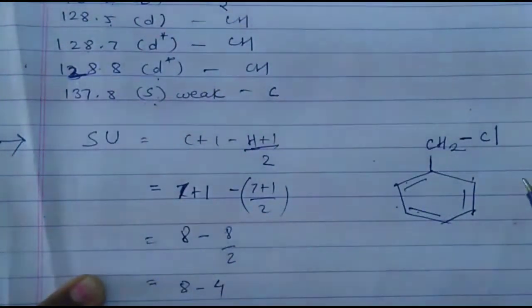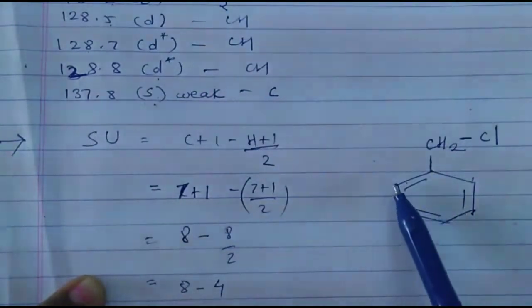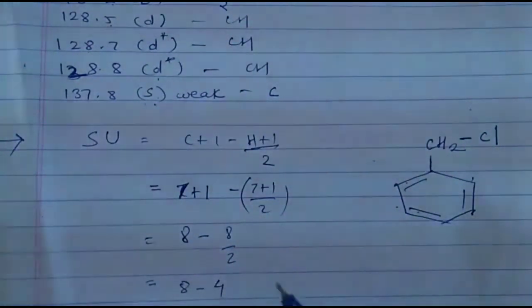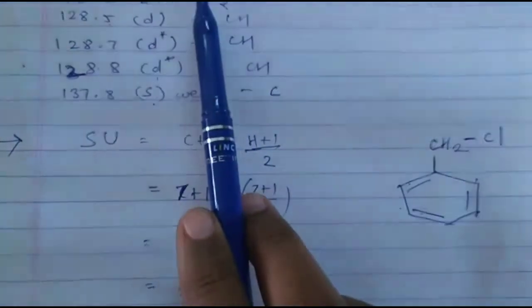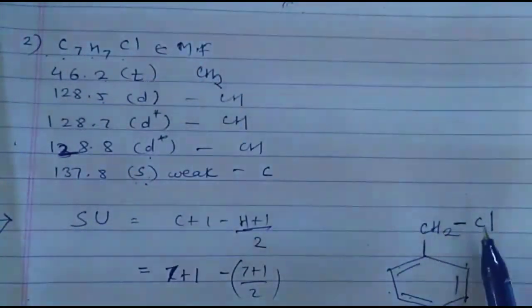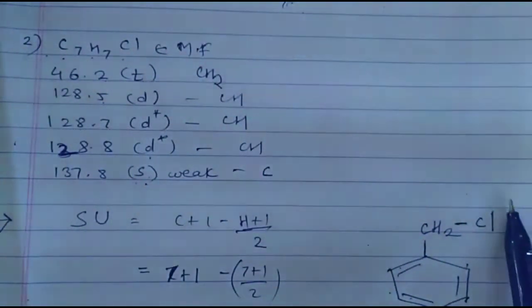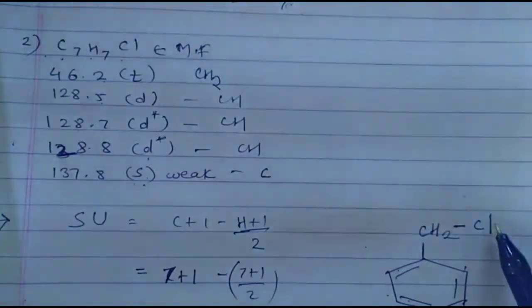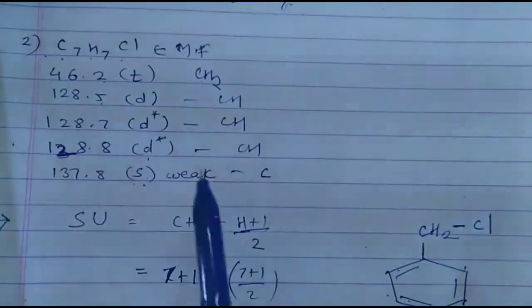What happened here? This CH2, the 6 carbons are bonded by this benzene, and 1 carbon remains, which has the value CH2. Here the valence is completed by attachment of 1 electronegative atom, and which electronegative atom is it? Chlorine.